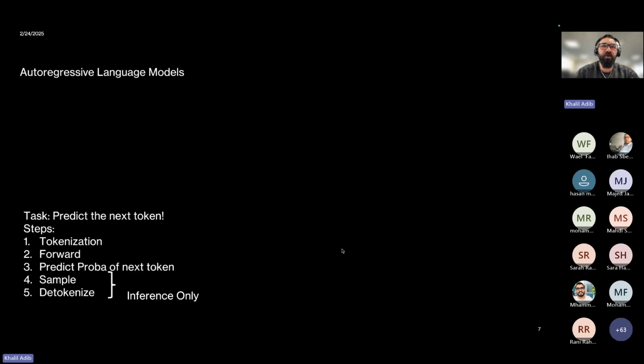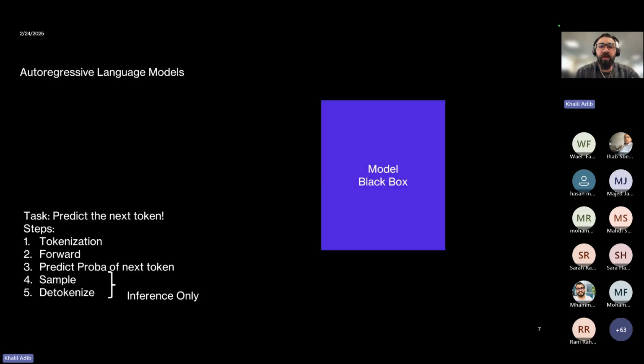So autoregressive models, right? As Ronnie was describing, we have an input sequence of tokens, and I will explain what tokenization and what a token is in a bit. Let's say we have an input sequence of tokens, in this case, "hello, my name is Khalil, comma, I," and when we feed it to the model, as I said, I won't go through the models in detail here because it's going to be like 2-3 hours by itself.